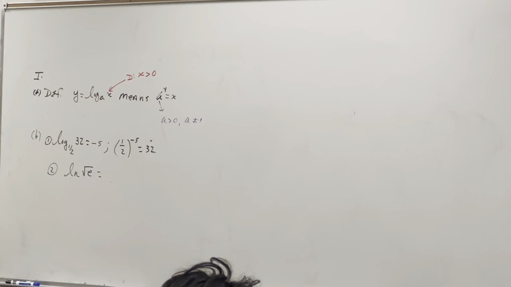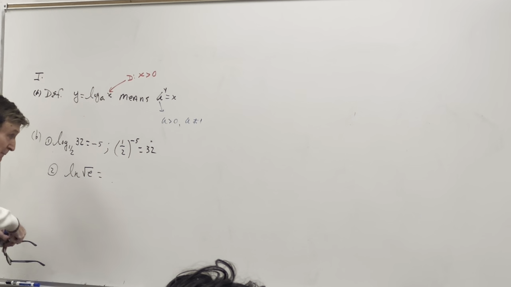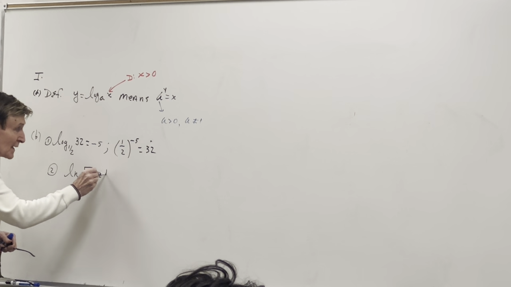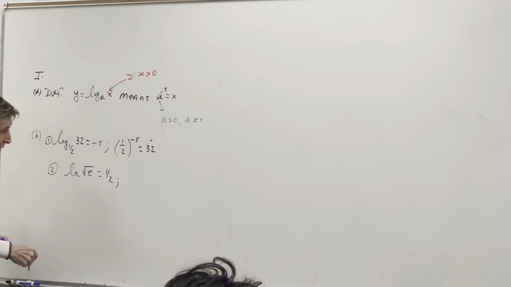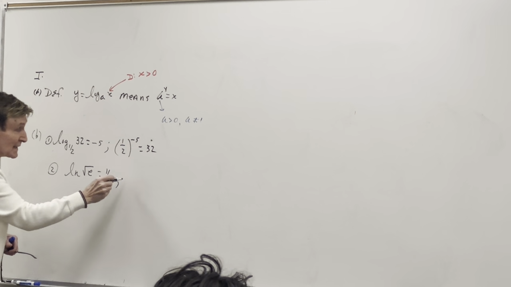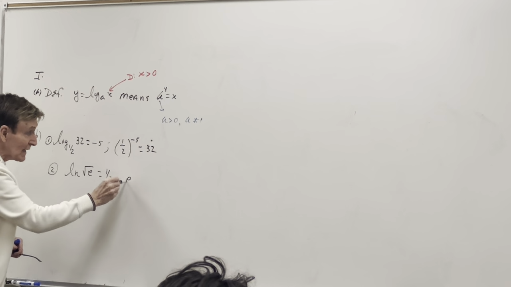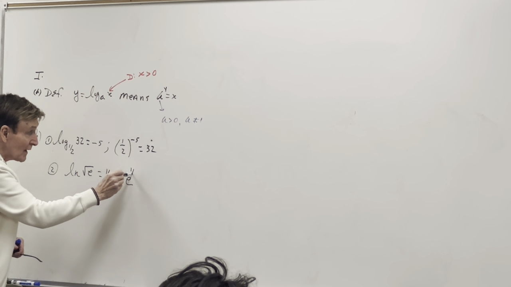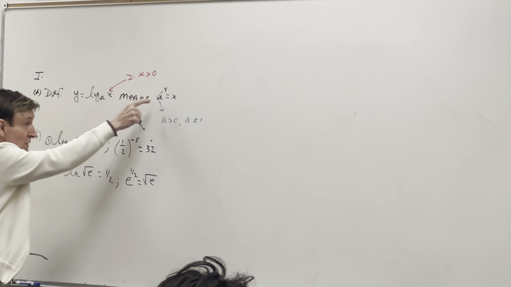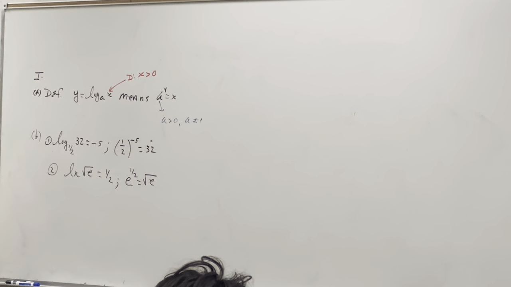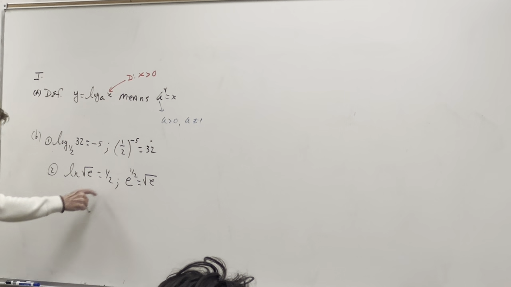What do you think it is? I heard 1/2. Let me see if it is. Now tell me what that looks like if it is 1/2. Marina, what is it? It's e to the power of 1/2 equals the square root of e. That's exactly what it looks like, and that's a correct statement. e raised to the 1/2 is equal to the square root of e, and her answer of 1/2 is beautiful.